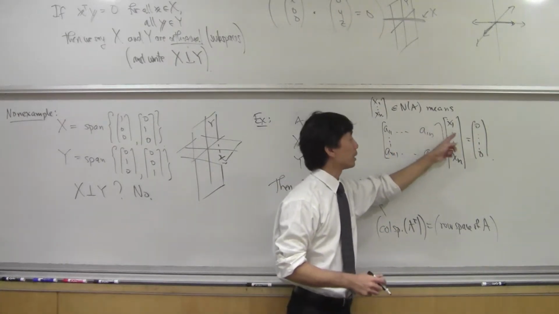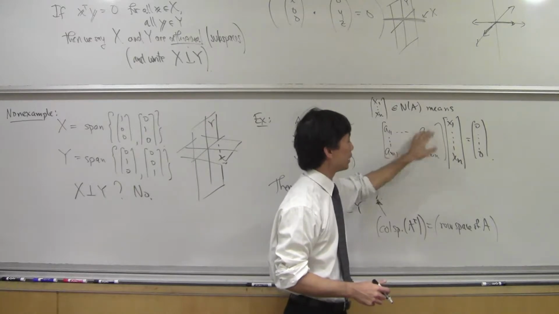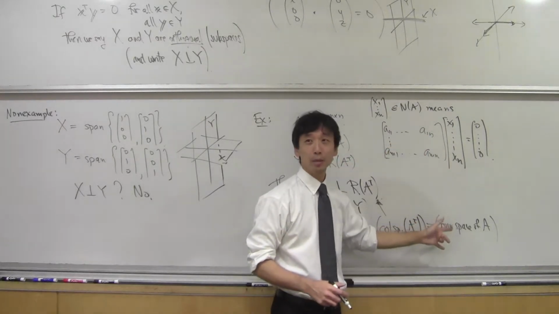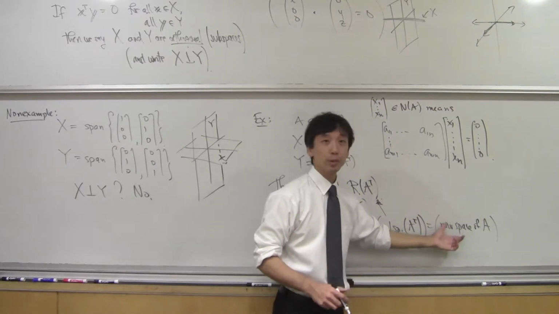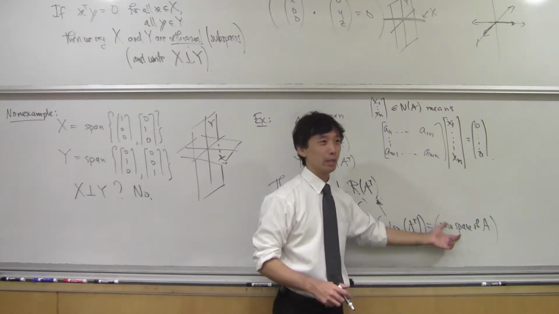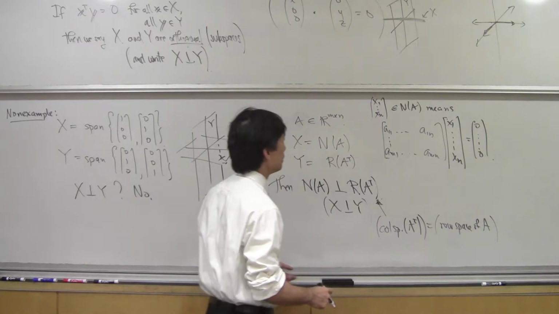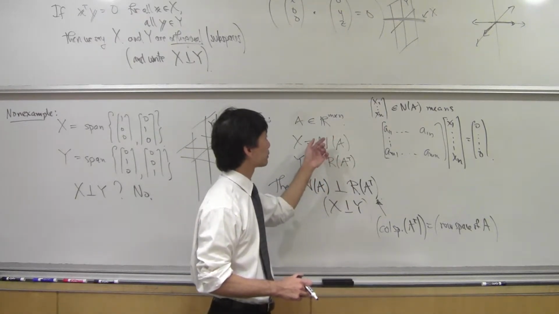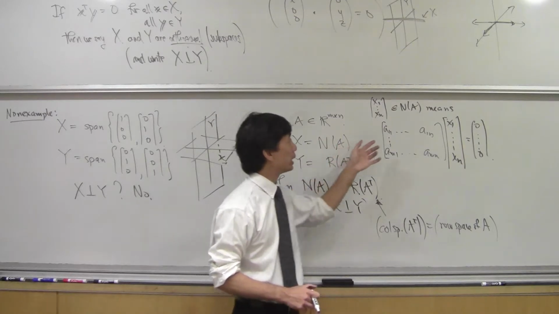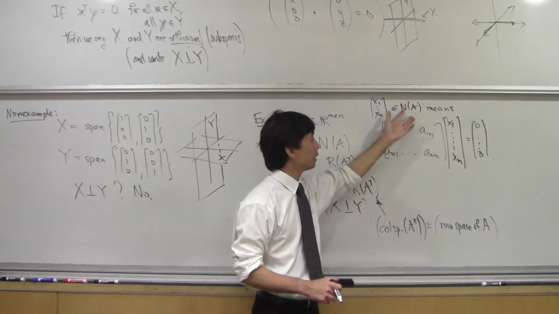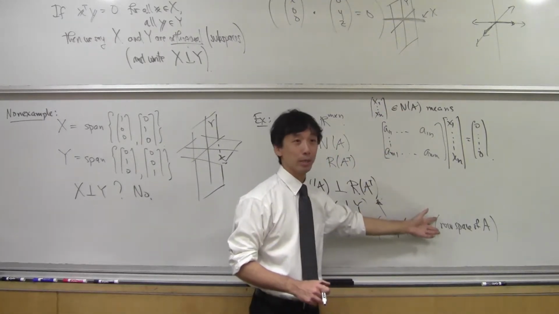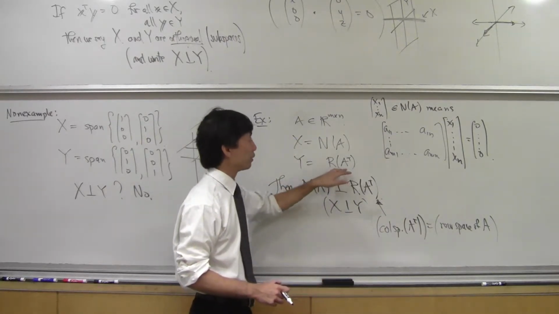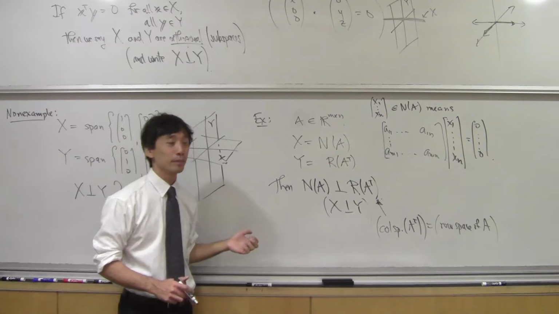So being in the null space of A means that you're perpendicular to each of the rows of A, but that means that you're perpendicular to the whole row space of A, right? So anybody in the null space of A is going to be perpendicular to anybody in the row space of A. In other words, the range of A transpose.